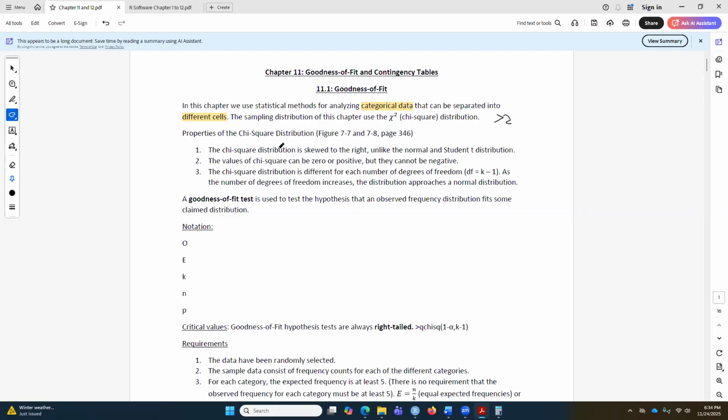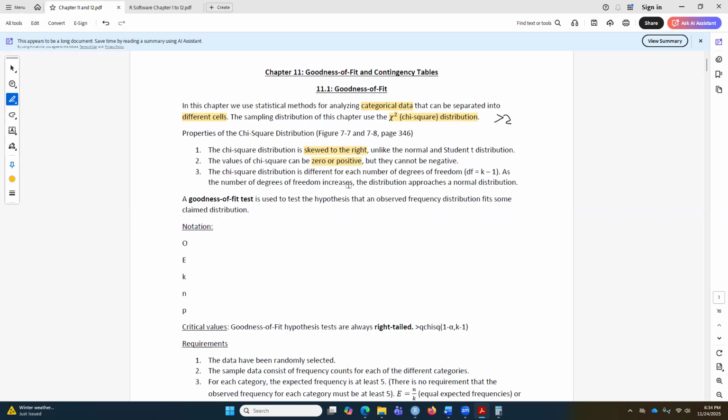The sampling distribution that we'll be using for chapter 11, if you are doing categorical data that consists of more than two categories, is called the chi-square distribution. It is a skewed distribution, and it can only be found from 0 or positive, which means on your graph it only appears in quadrant 1.